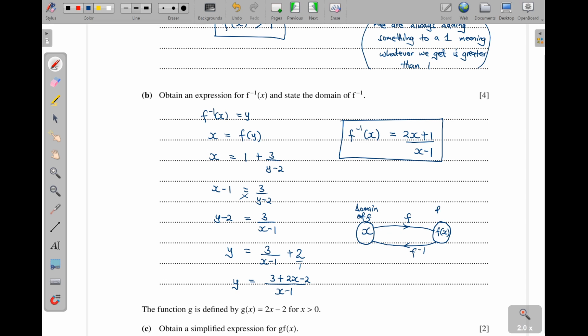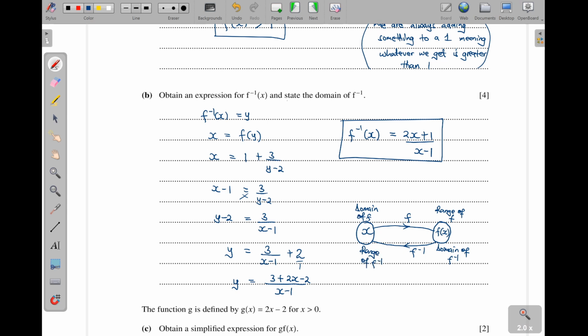And then what comes out is the range of that function. This is the range of f. Just like I've said that what we put in the function is the domain, that means if the inverse of the function begins from here, and this is its output, this one is going to be its domain. So the domain of the inverse, and here we shall have the range of the inverse.